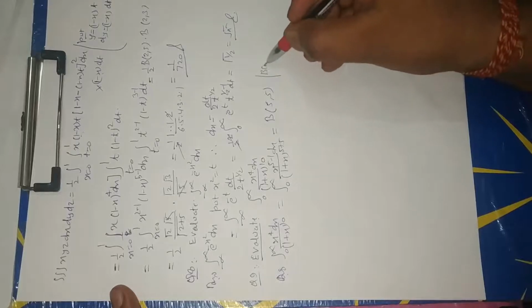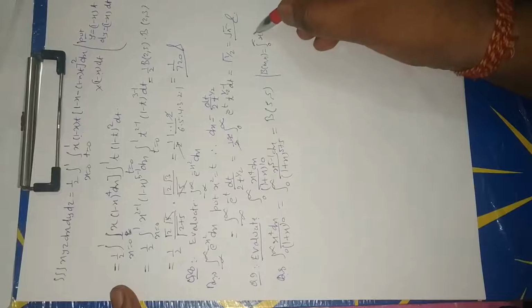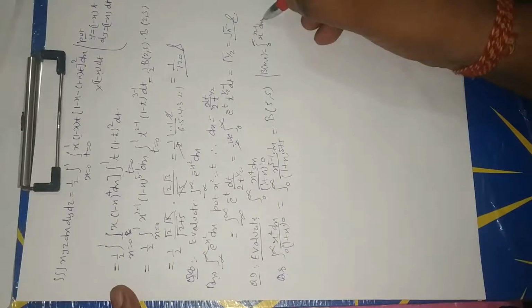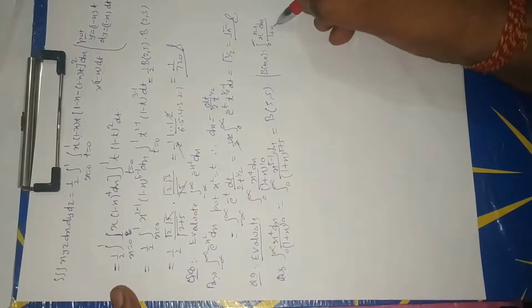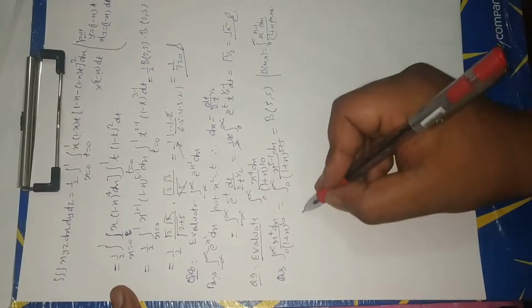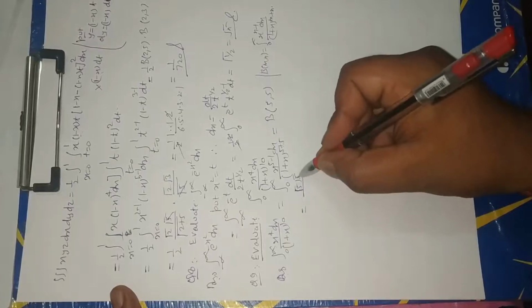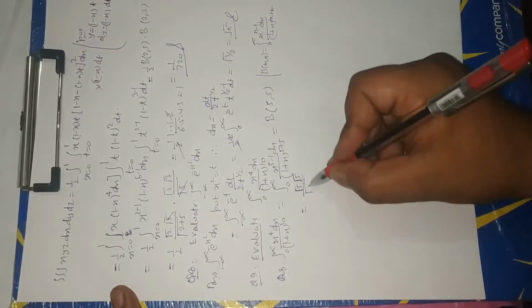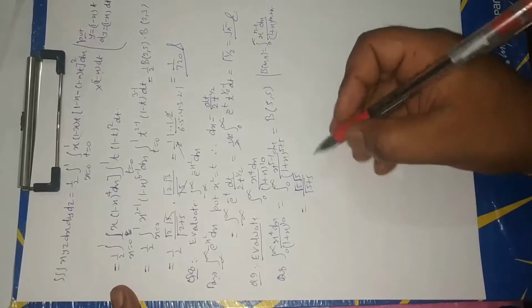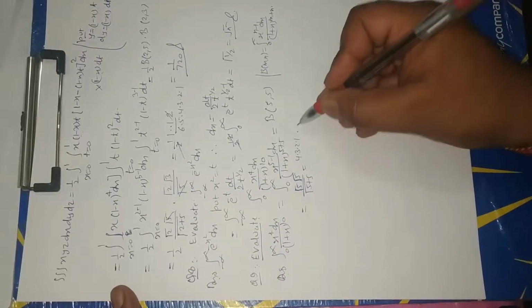Since beta m n is equal to integral limit 0 to infinity x to the power m or n, both can be used, upon 1 plus x whole power m plus n. Now gamma 5 upon gamma 5 plus 5, this is equal to 4 into 3 into 2 into 1.